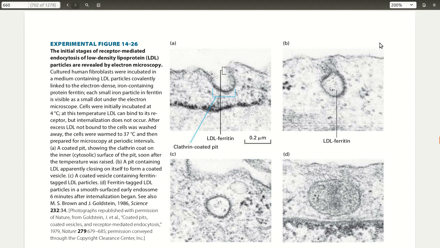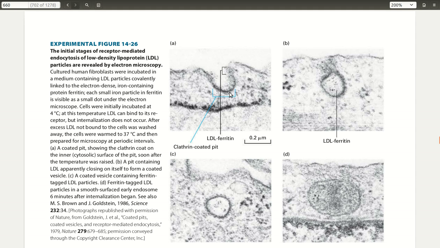So this micrograph here shows the initial steps of the receptor mediated endocytosis of low density lipoproteins, LDL, and these are electron micrographs.